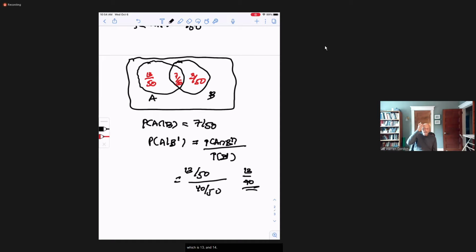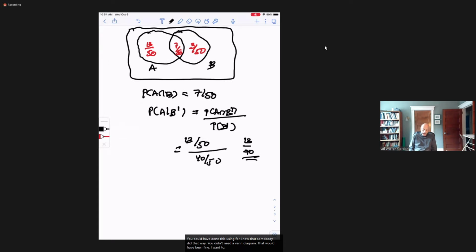You could have done this using formulas, and some of you did it that way. You didn't need a Venn diagram. That would have been fine. I want to remark, a couple of people did the following.